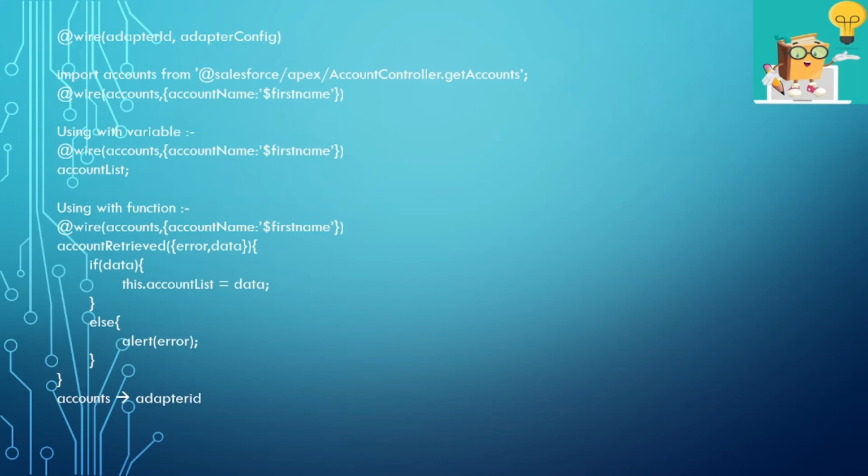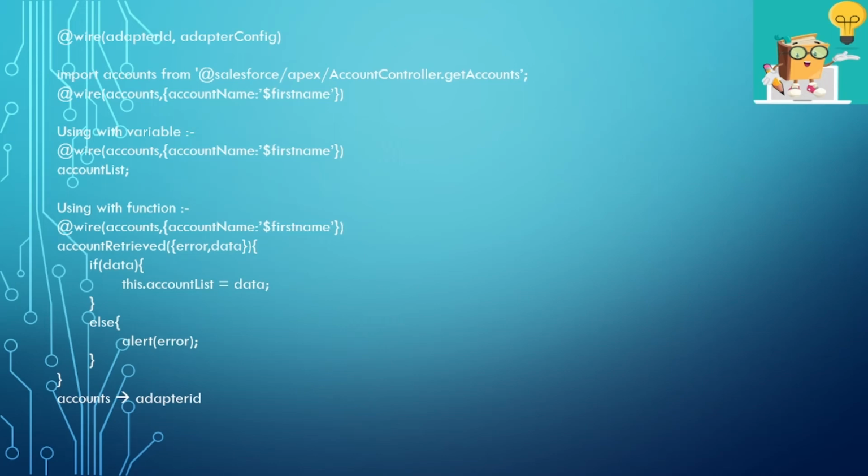Dollar makes your wire method reactive. Any change happening on firstName will be absorbed by your framework, and wire will detect that there is a change in the value of the firstName attribute with the help of the dollar.